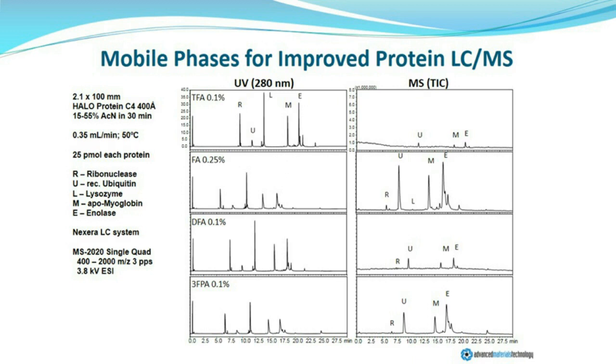Difluoroacetic acid certainly fares much better in terms of protein separations. There is some ionization suppression, not as much as trifluoroacetic acid. So here is the compromise, which we haven't completely resolved, which is that the best chromatographic performance is also the poorest mass spectral performance.